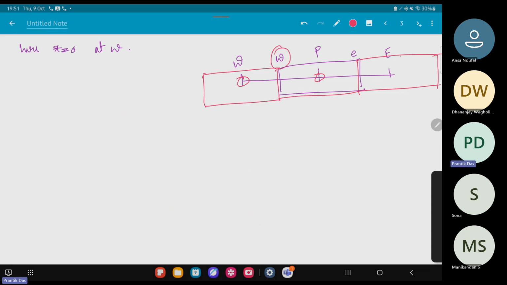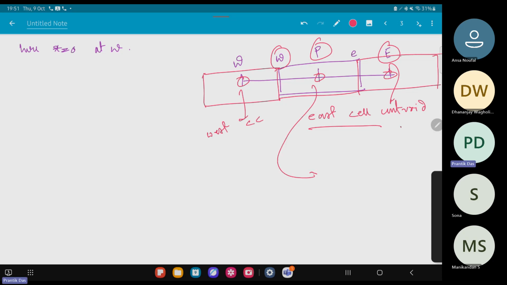Capital W, capital P, and capital E are the cell centroids: the west cell centroid, the cell centroid of the control volume of my interest, which is capital P, for which I'm writing the equation, and the east cell centroid.